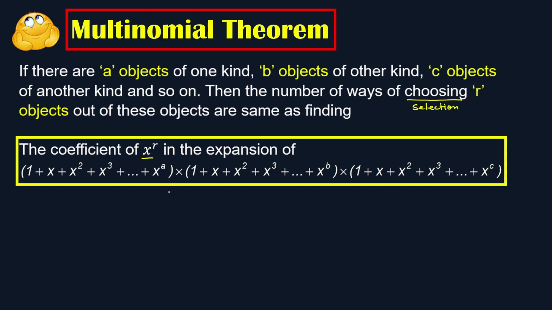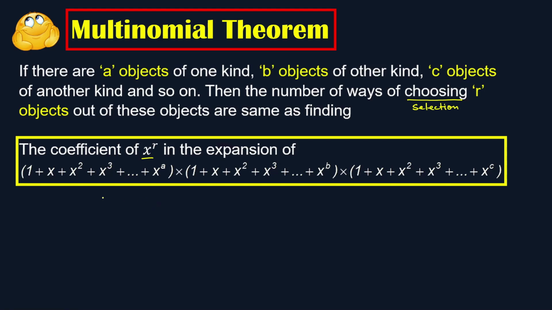Okay, now the question is how these polynomials are coming. See, there are A objects of one kind. So what are the options that you have of choosing objects from this kind?